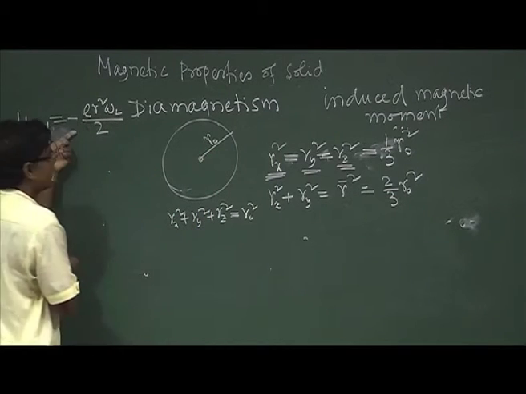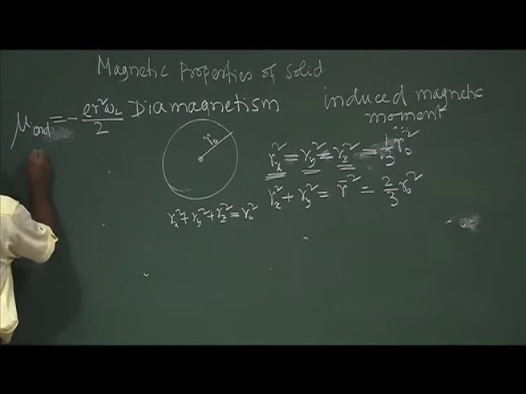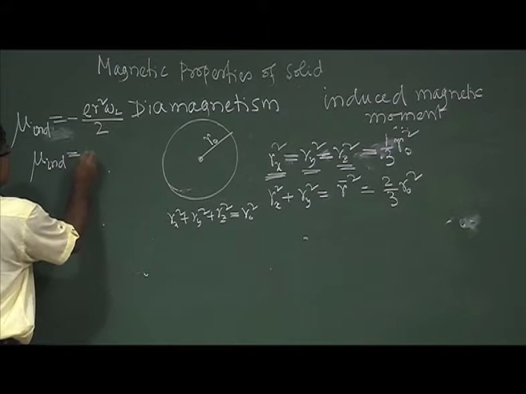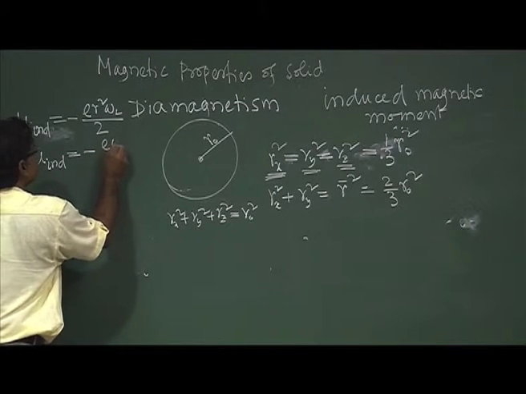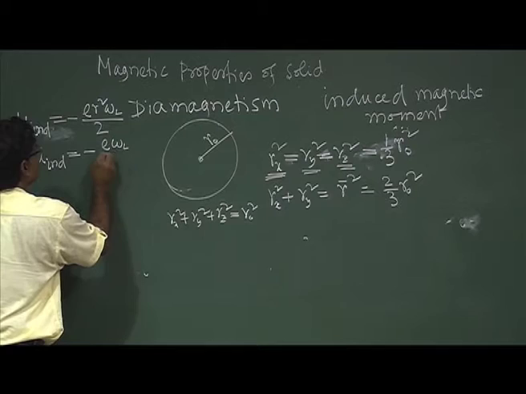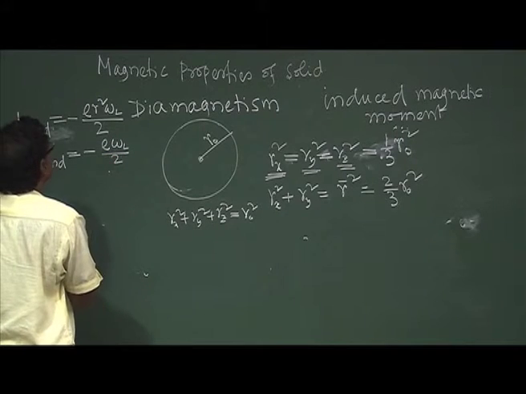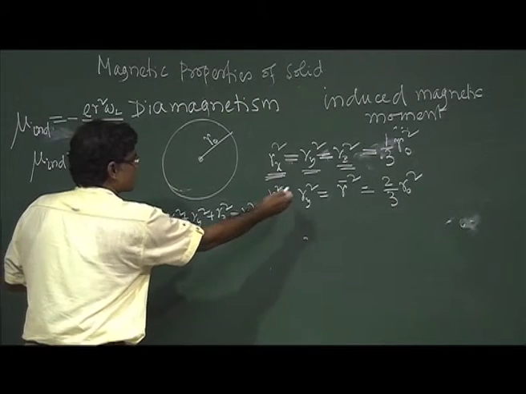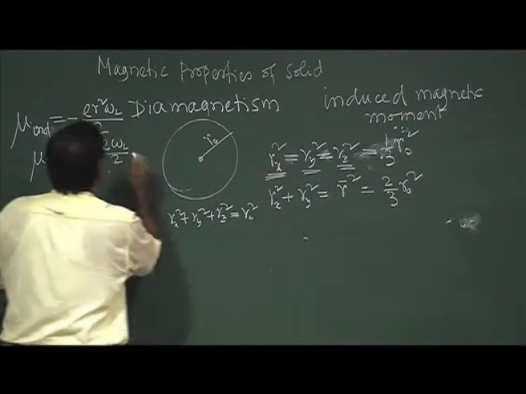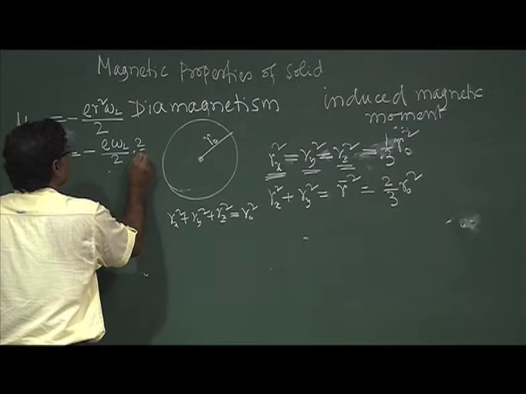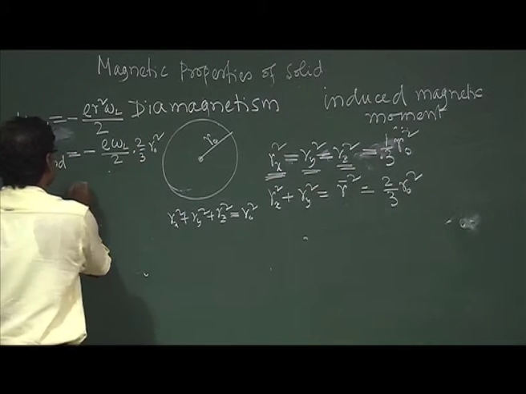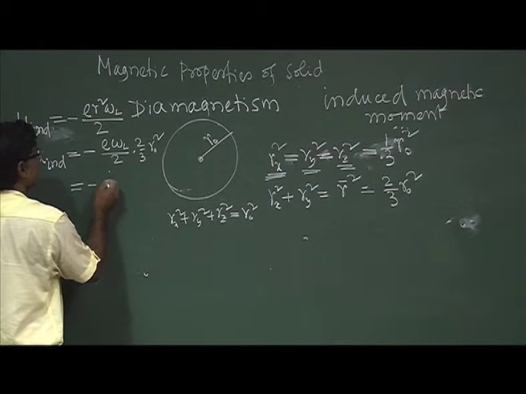So the average induced EMF for each electron in orbit will be minus e omega L by 2, and R square I replace by R average square, that is 2/3 R0 square.